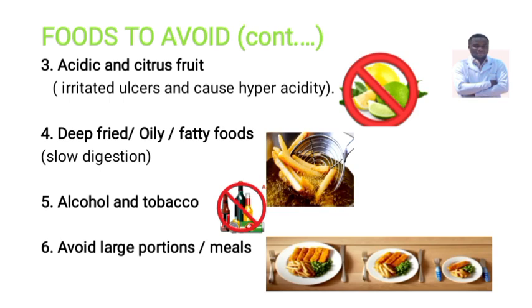But also we have alcohol and tobacco. Alcohol irritates the ulcer in the stomach, and tobacco impairs the healing of stomach ulcers. But also we have to avoid larger portion meals, as we can look here, the small meal, the second, the third.